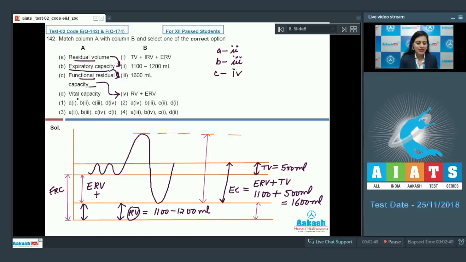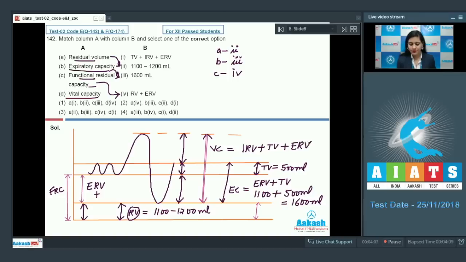The last option given is vital capacity, and vital capacity is the maximum volume of air a person can breathe in forcefully or breathe out forcefully. So this is represented by this area from here to here, and this is equivalent to inspiratory reserve volume IRV plus tidal volume TV plus ERV.